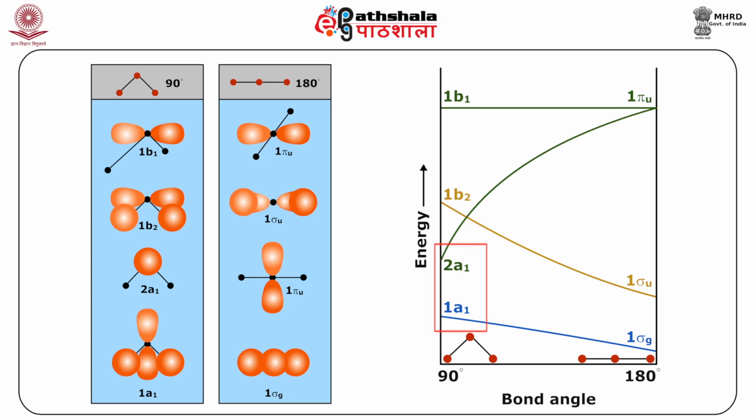The bonding 1a1 molecular orbital utilizes the mixed sp-z orbital of A having predominant 2pz character, and the bonding 2a1 molecular orbital utilizes the mixed sp-z orbital of A having predominant 2s character in the angular AH2 molecule with HAH angle 90 degrees.